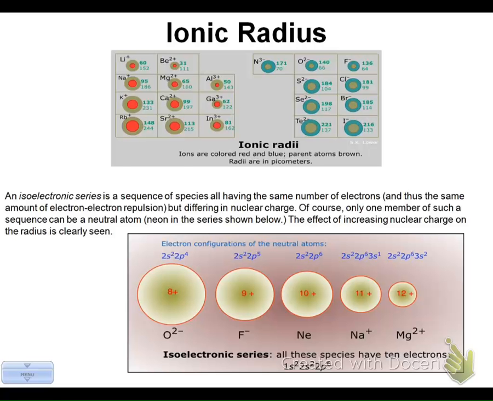Now here's where it goes haywire. As you go across a period in atomic radius, you have a very smooth trend, at least in the main group elements, of getting smaller from left to right. As you can see in this same chart at the top of the screen, it is not a smooth trend for ionic radius as you go from left to right across a row.